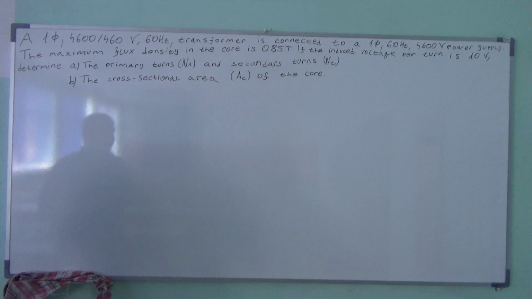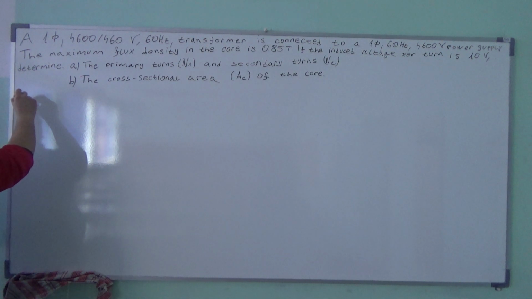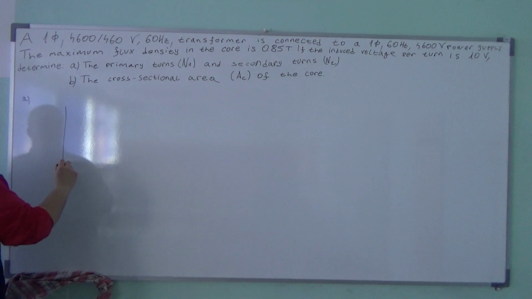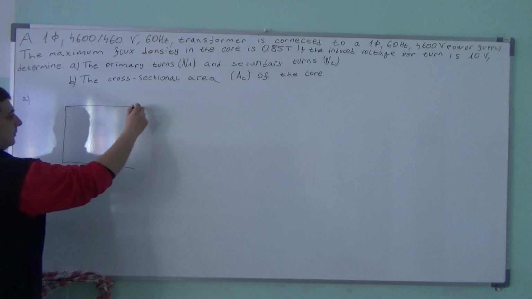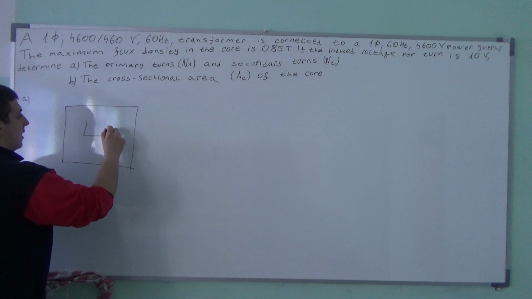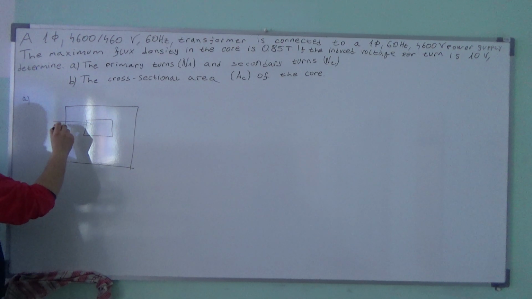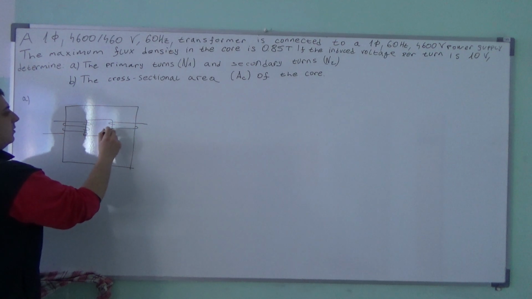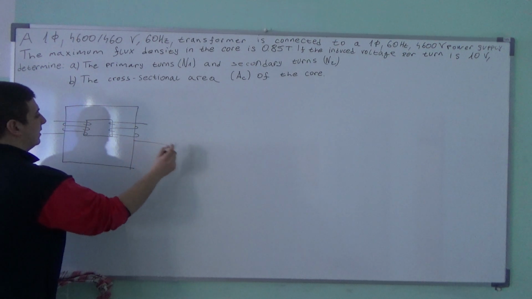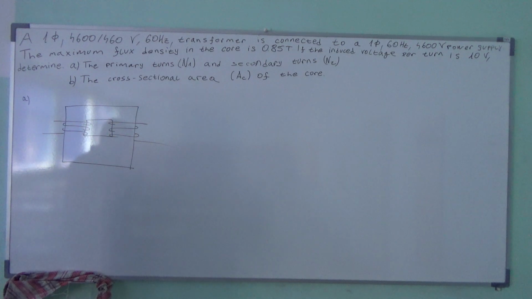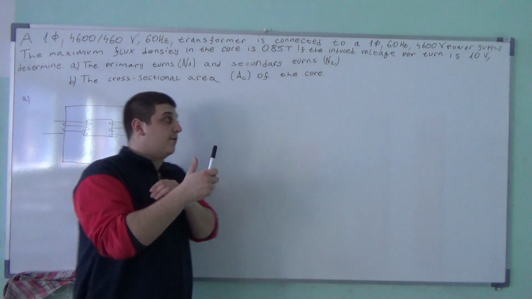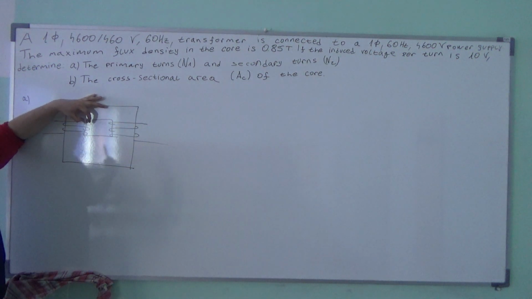Okay, for A, we have to determine N1 and N2, but I'll draw the transformer, single phase, and on the primary side we have some turns. On the secondary side also we have some turns. Now it says here that for one turn, only for one turn, we have 10 volts.